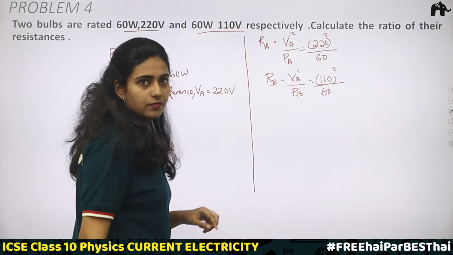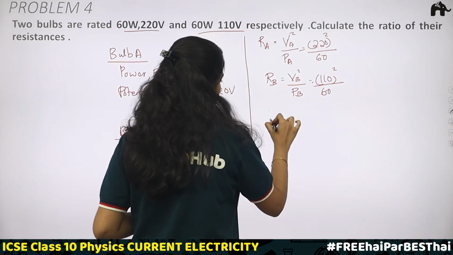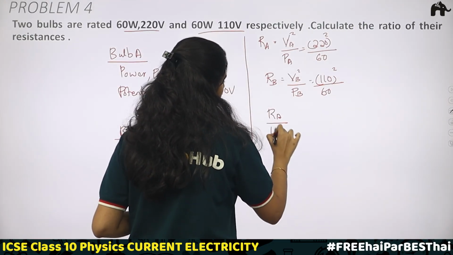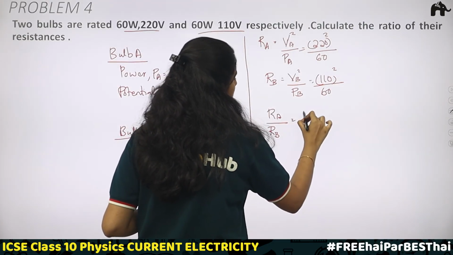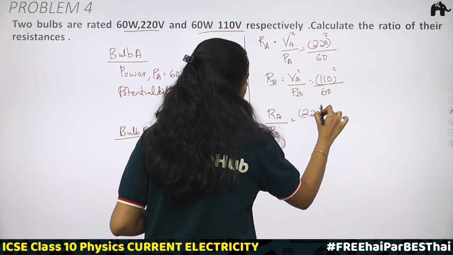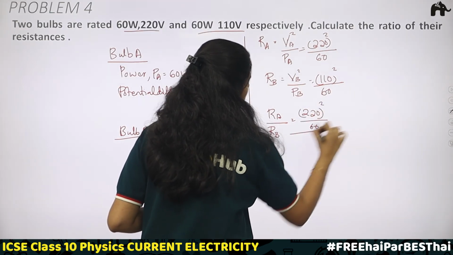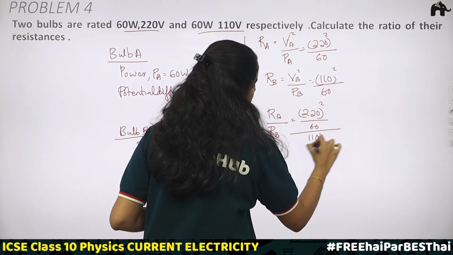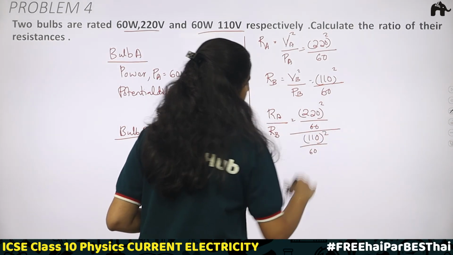Now the ratio. RA divided by RB will be equal to 220 square by 60 whole divided by 110 square by 60.